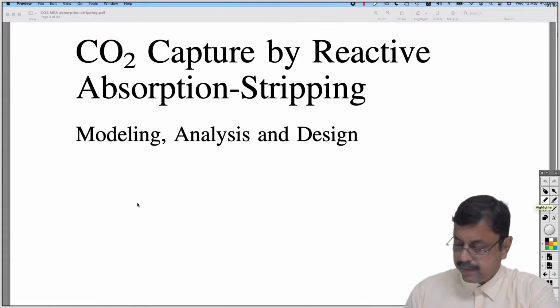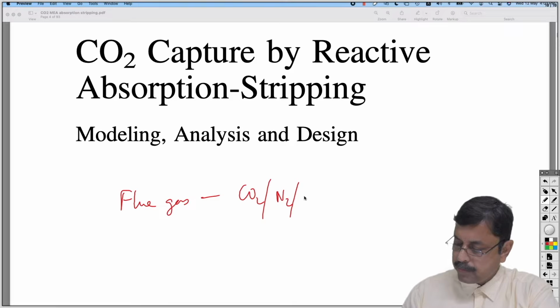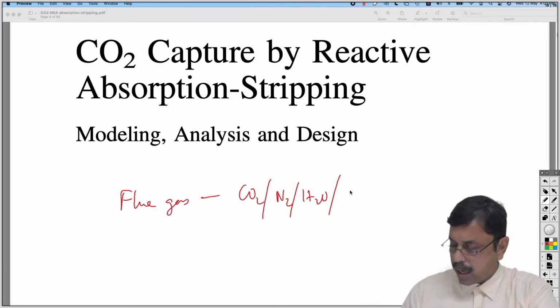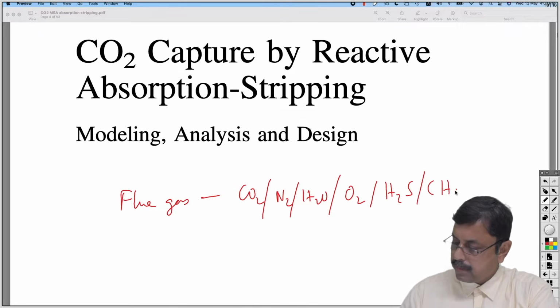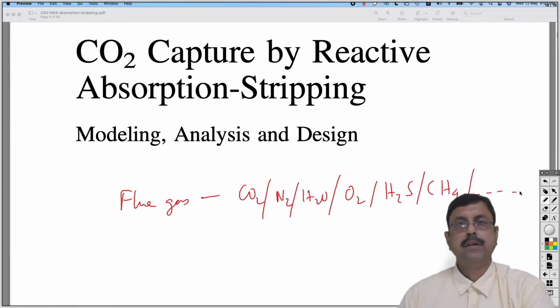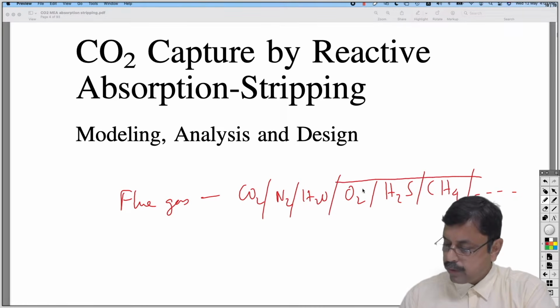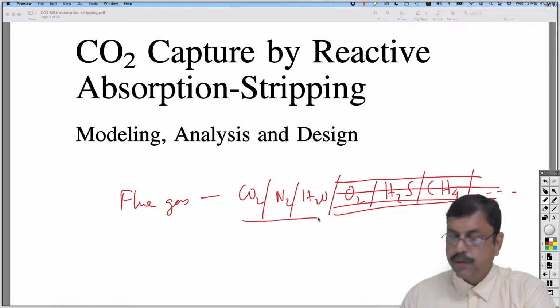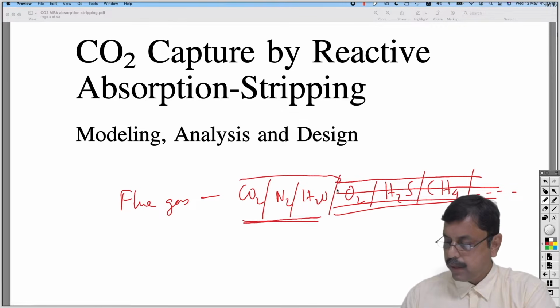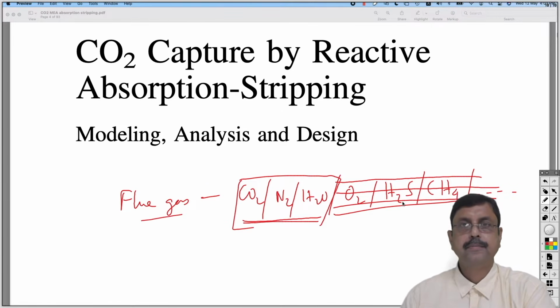Now, the flue gas is basically a mixture of carbon dioxide, nitrogen, water vapor, unreacted oxygen, H2S, methane, and other impurities. But for this particular problem, we will not consider any one of them. We'll consider only carbon dioxide, nitrogen, and water vapor.